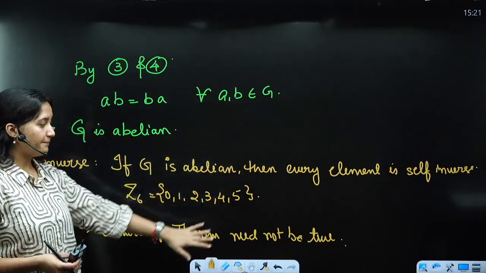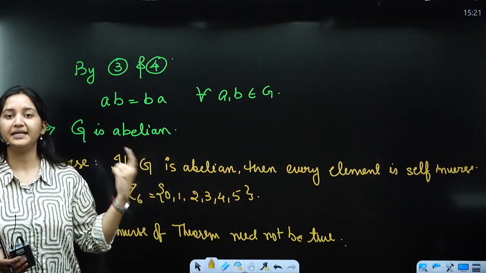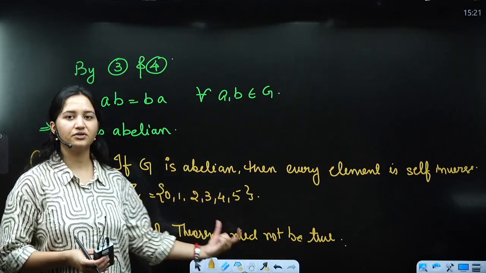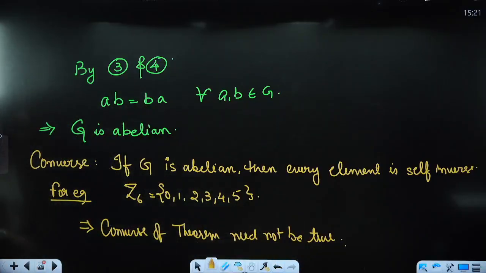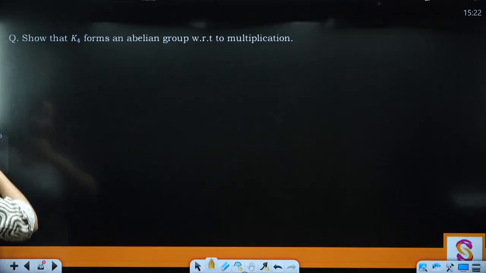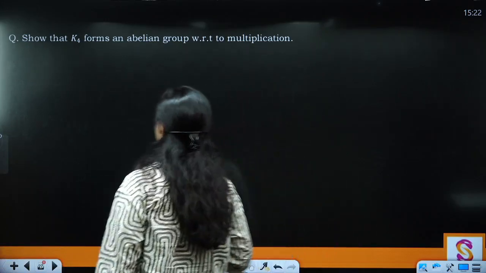That is fine, but it is not an if and only if condition, right? कि self inverse होगा तो group abelian होगा ही होगा, right? That is why we have an example. So we are going to say that the converse of the theorem need not hold. Yeah, चलो moving on. So that K4 forms an abelian group with respect to multiplication. Okay. So if you remember, what was our K4 group?